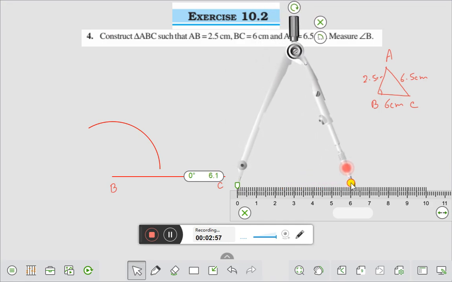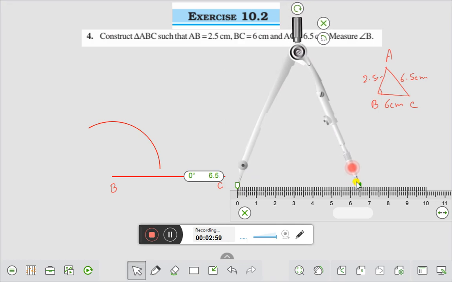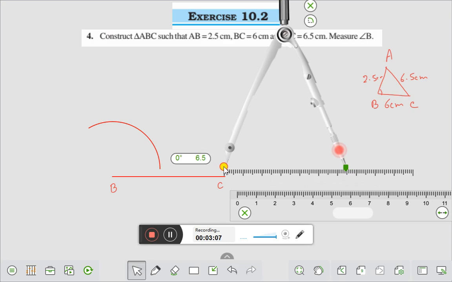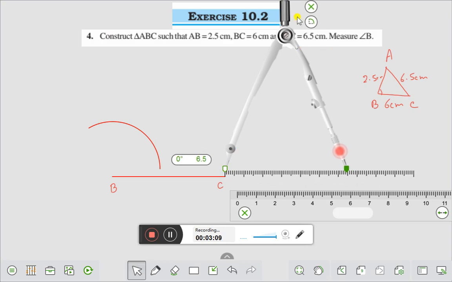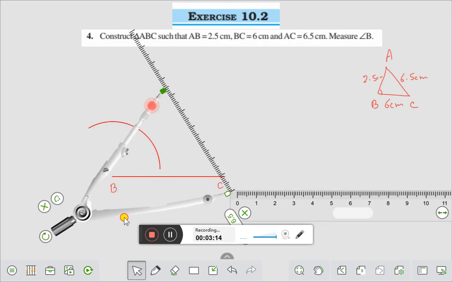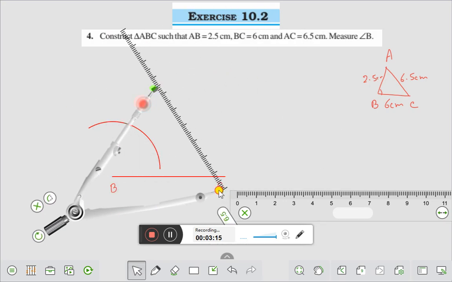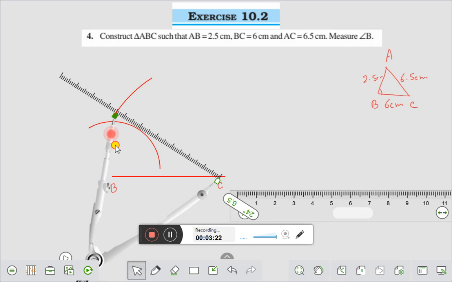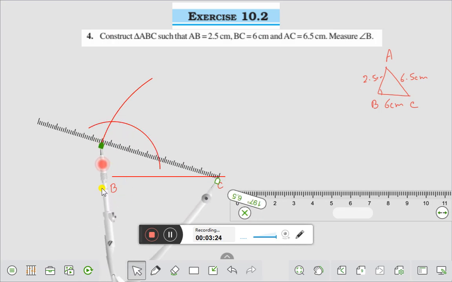Here you see this is exactly 6.5 centimeter, right? Now with the pointer at point C, we draw another arc here, right?